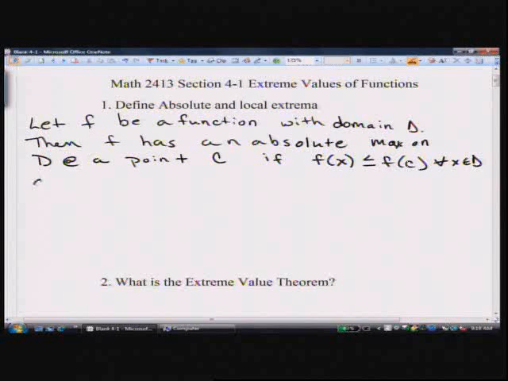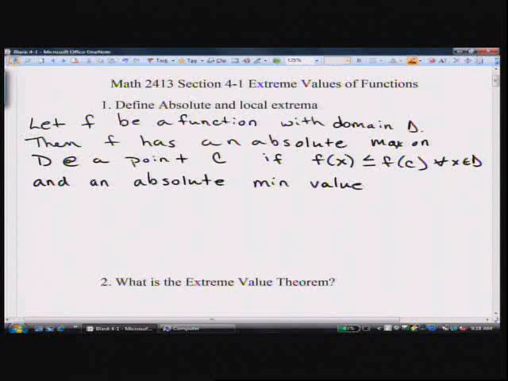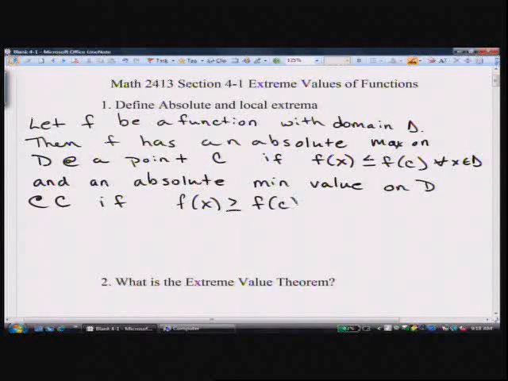Okay? And an absolute min value on D at C if, what do you think would be true? If the function values of x are greater than the function of C. And this would be the function of C. Yep.